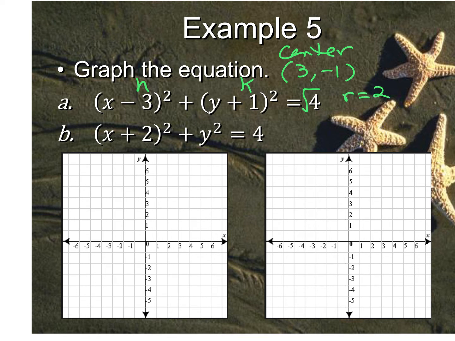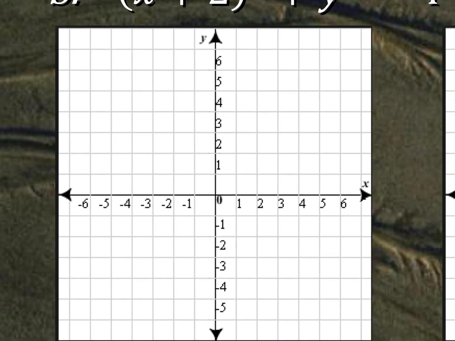So now I'm going to go ahead and plot the center point, which is the ordered pair +3, -1. So my center will be right here. And then from there, I'm going to pull out, so the center was at 3, -1 with a radius of 2.